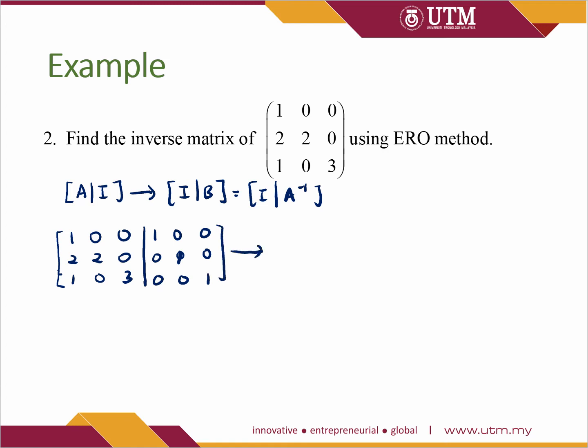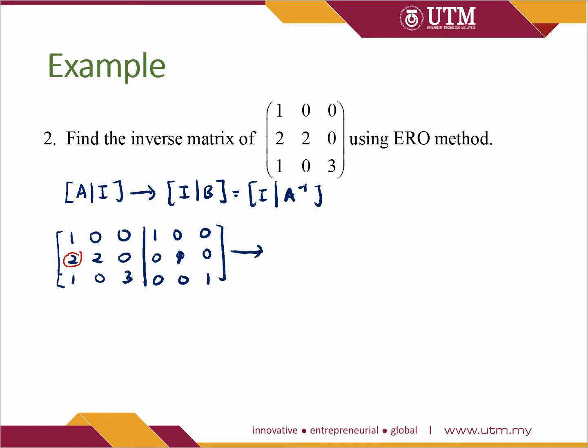So what we want to do is make sure that our elements, except for the diagonal, are all equal to 0. So for the first step, I'll make this element in row 2 equal to 0.